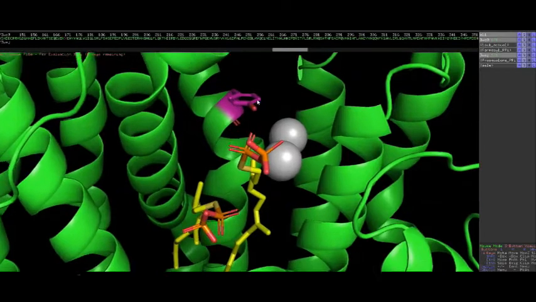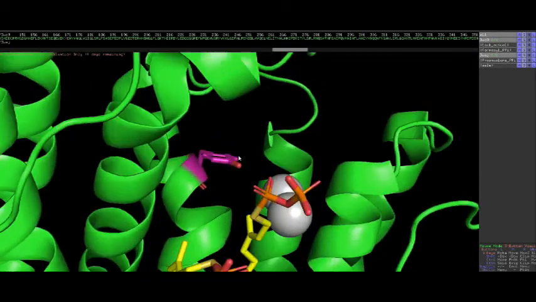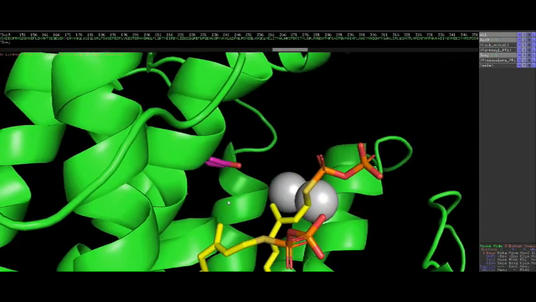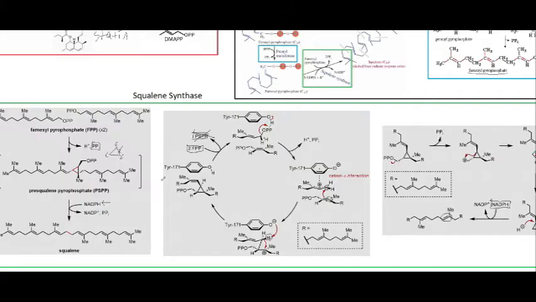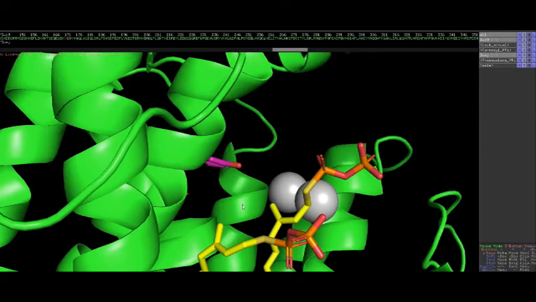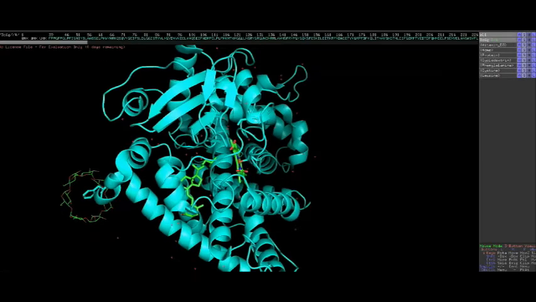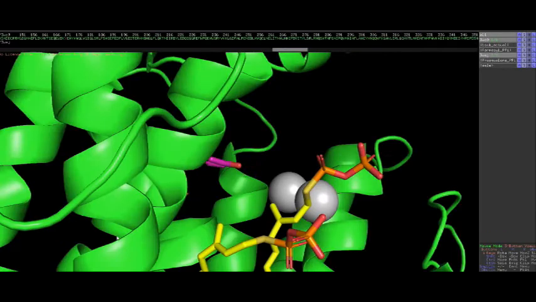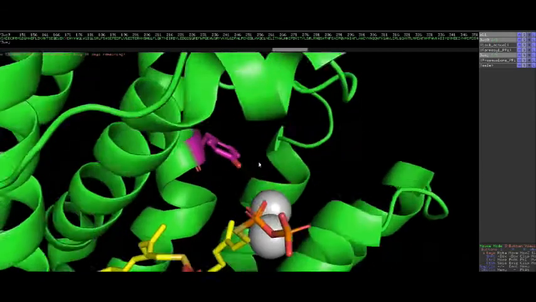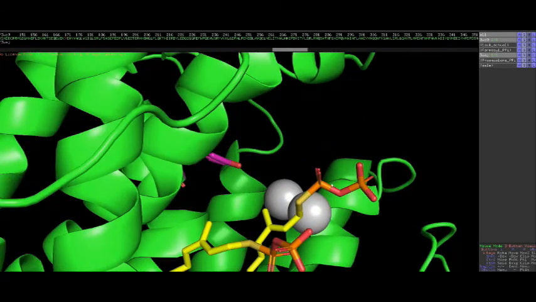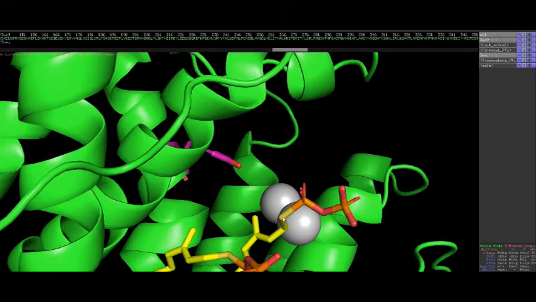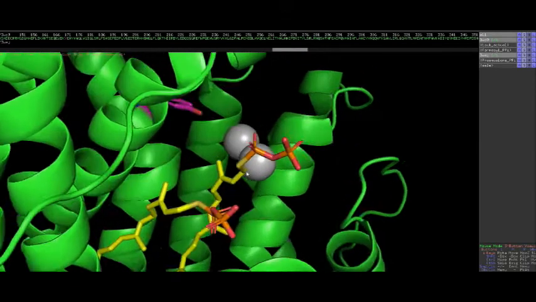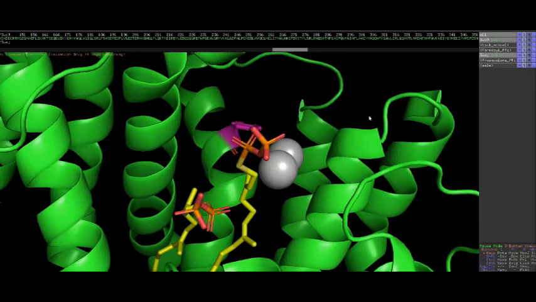This is that tyrosine 171, which, as we said, is going to help remove this pyrophosphate by donating its hydrogen to it. So anyway, this pyrophosphate will come off of here, which will allow for that 3-carbon ring to form.